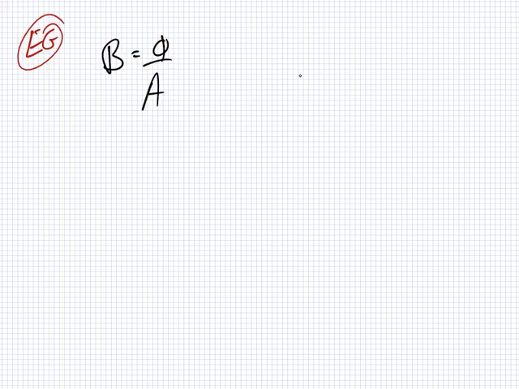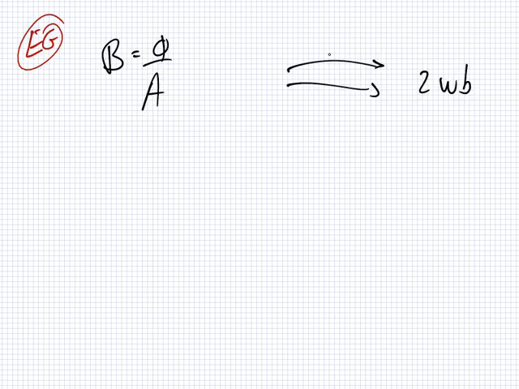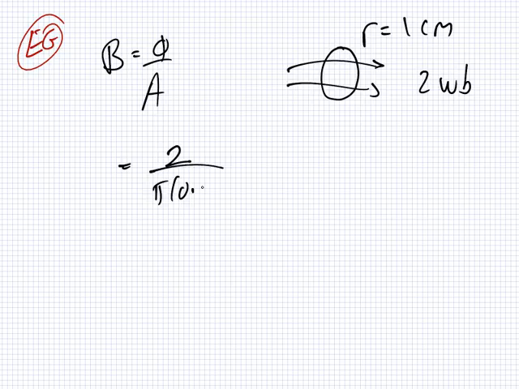B equals flux over area. The flux is 2 Webers, and the shape is a circle of radius 1 centimetre, so it's 2 over pi r squared.